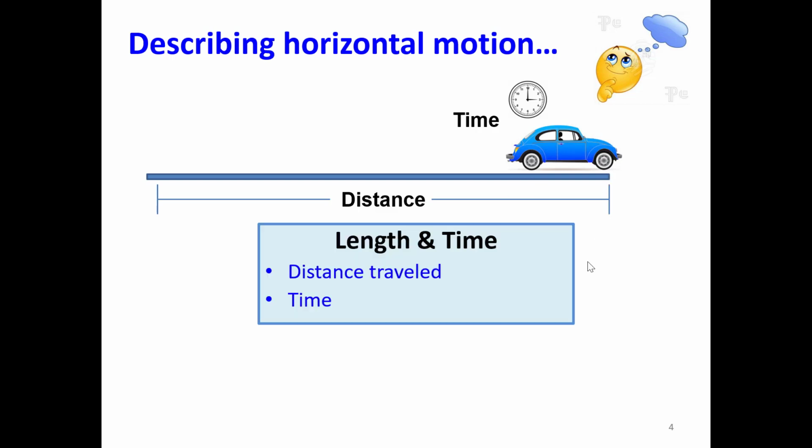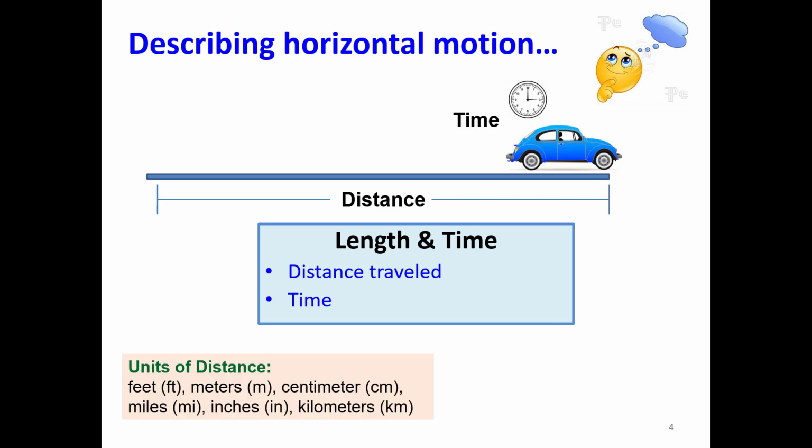Then, in order to describe the motion of this car, we need to know the length, which is a distance, and the time. Remember, these are two fundamental quantities: distance is related to length, and time is the other fundamental quantity. The units of distance can be feet in the English system, meters in the SI system, or centimeters in the CGS system.